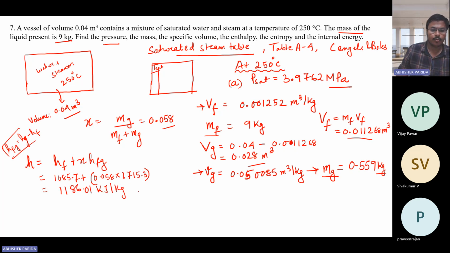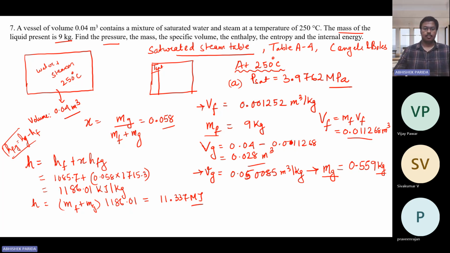Okay. And if you want directly enthalpy, this is specific enthalpy, and if you multiply the total mass MF plus Mg, 1.559, into 1186.01, I'm getting somewhat around 11.337 megajoule.